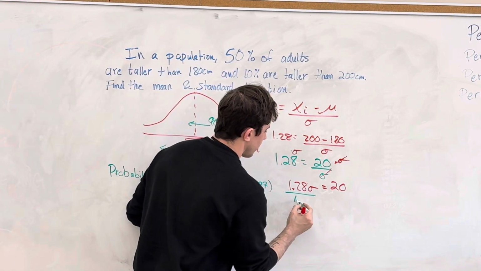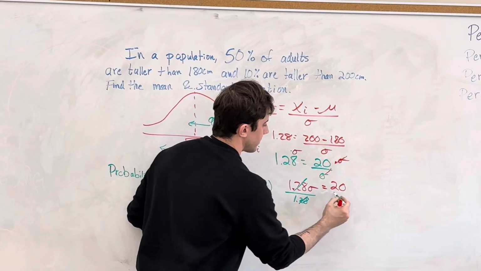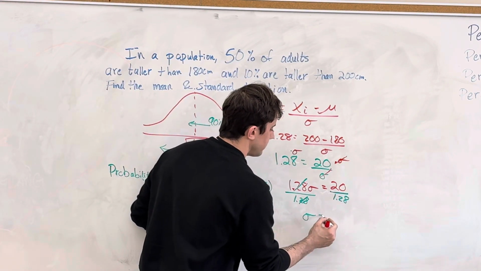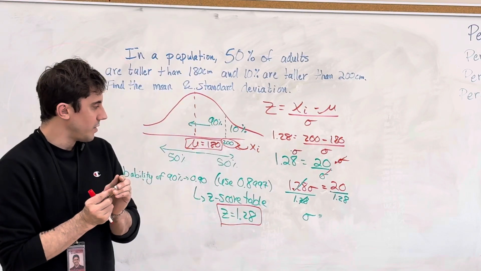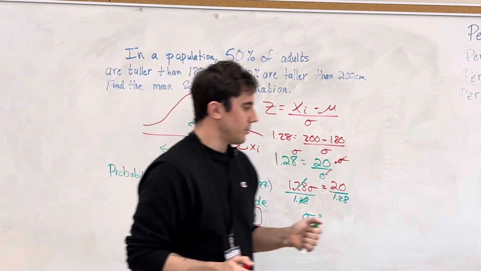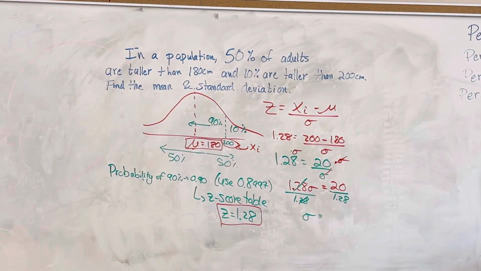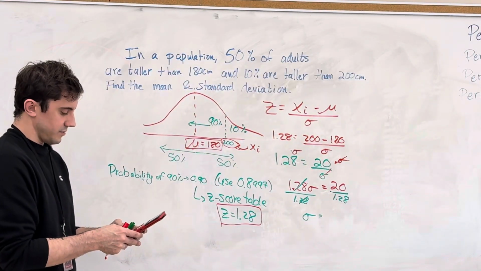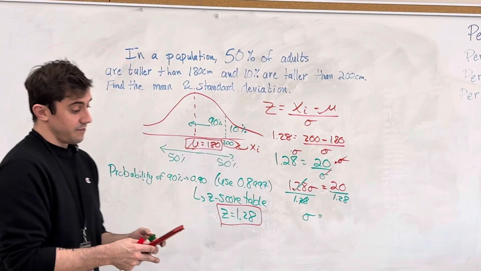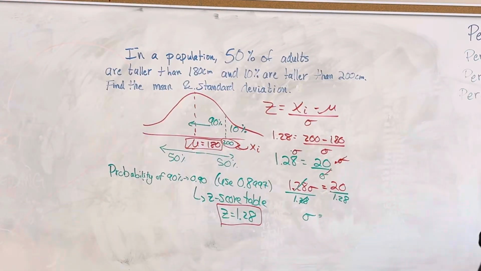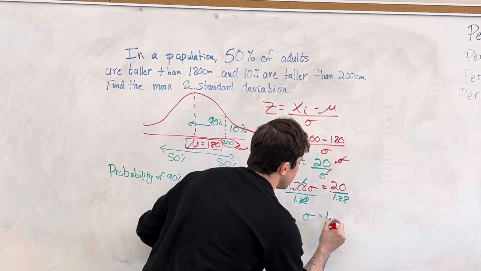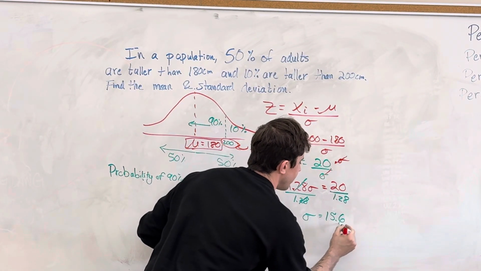Divide both sides by 1.28 to cancel that out, and we get a value for sigma of 20 divided by 1.28, which will be around 14 or 15. If I were to guess, 15.6 to one decimal place. And so our standard deviation, sigma, is 15.6.